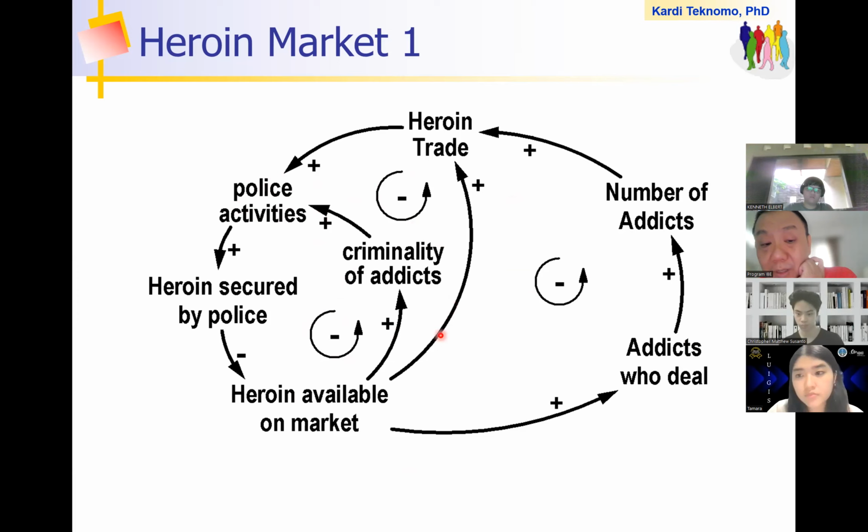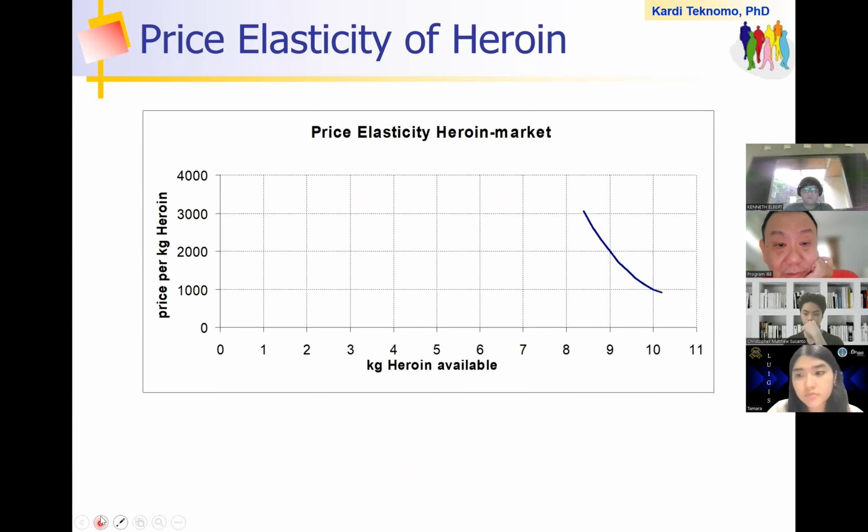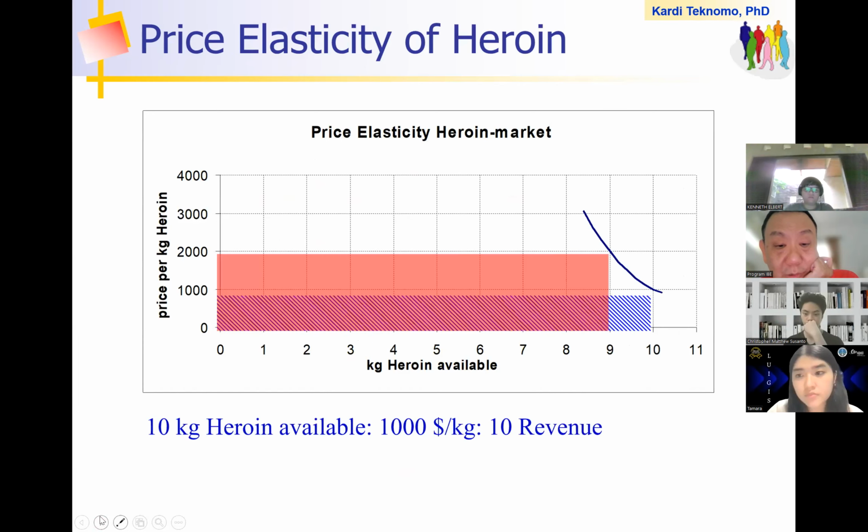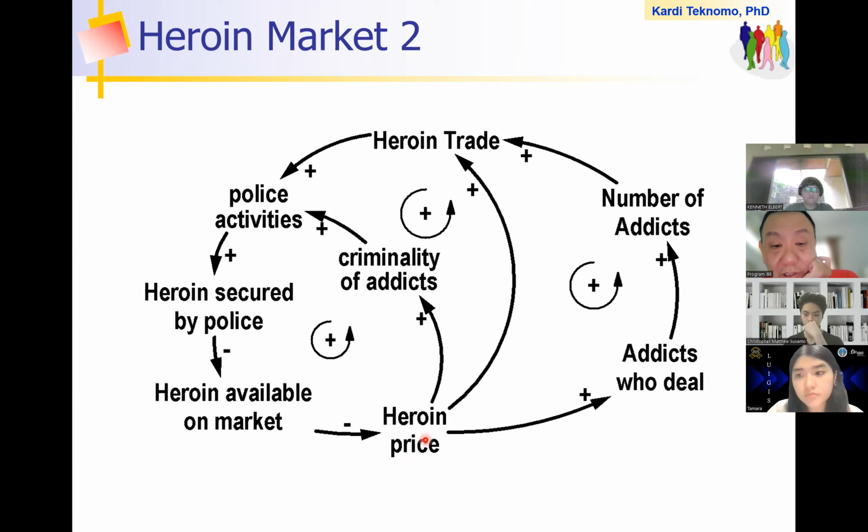So what's the missing variable here? The missing variable is the price. Once you include the price here, suddenly you will see, oh, this is not a negative feedback loop. This is actually a positive feedback loop. You see? So then the policy variable is not the police activity.